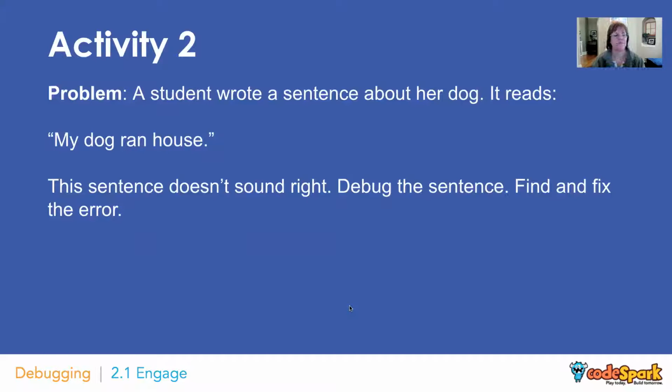Here's another one. A student wrote a sentence about her dog. It reads, "My dog ran house." This sentence doesn't sound right. Debug the sentence. Find and fix the error. So think about it. How would you fix that sentence? My dog ran house.